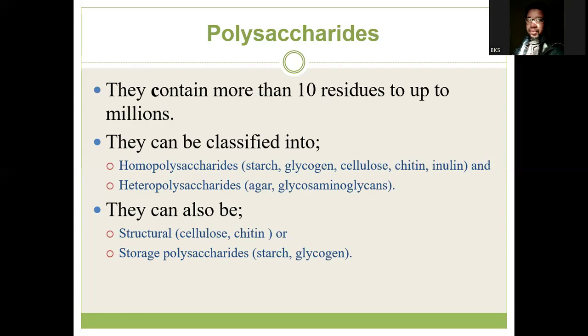And we have heteropolysaccharide, examples are agar, glycosaminoglycans, etc. And they can also be structural in terms of function or storage polysaccharide, which we will, I think, discuss in the next study session.